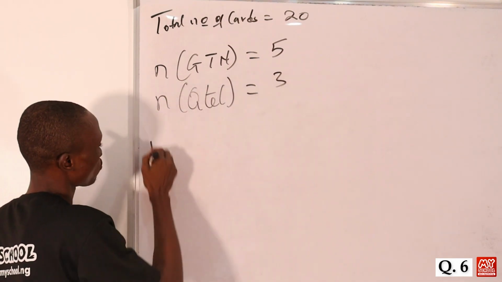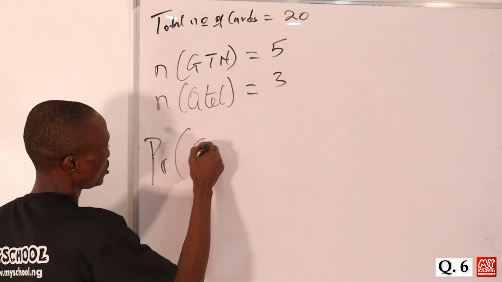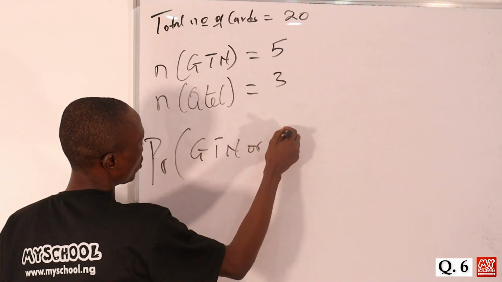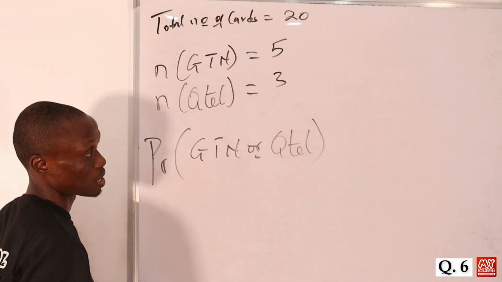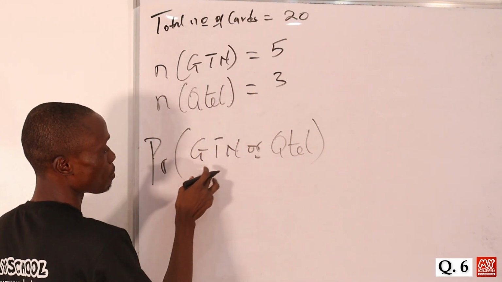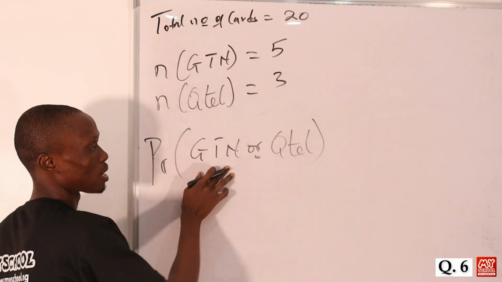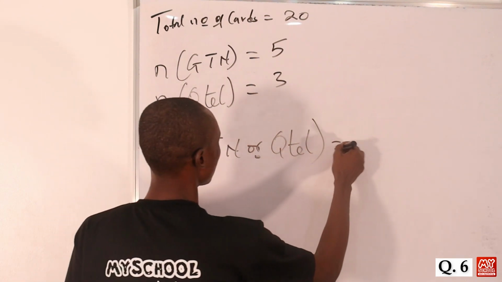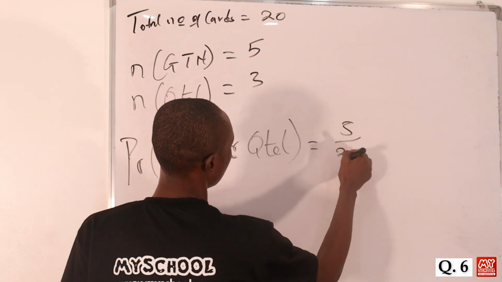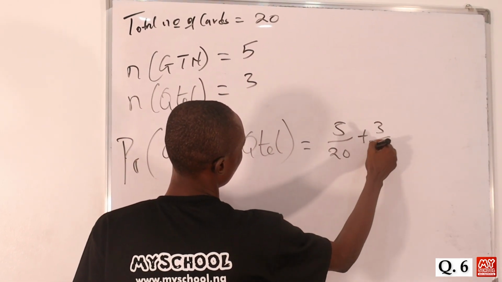Okay, so now we are looking for the probability of GTN or QTEL. Remember that "or" in probability simply means addition. So it's just for us to add the probability of picking a GTN card to the probability of picking a QTEL card. So in this case, we'll be having 5 over 20 plus 3 over 20.